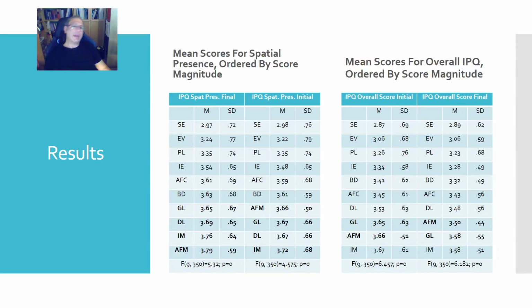So we can say that the IPQ is affected by differences between the virtual environments. It can be used to assess different virtual environments because it's sensitive to differences between them, we can say.